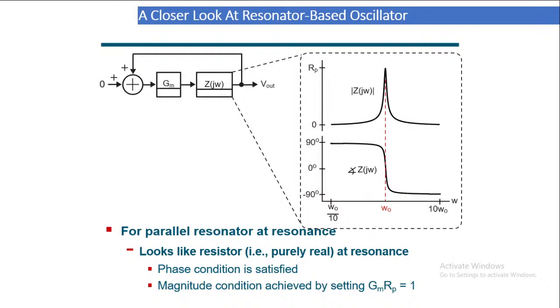The phase condition is satisfied. The magnitude condition is achieved by setting Gm into Rp equal to 1, as we saw earlier.